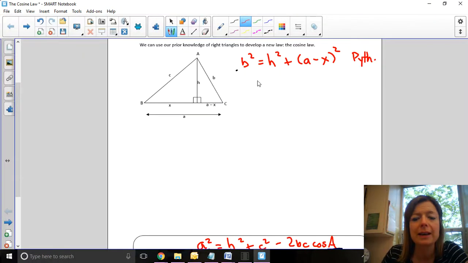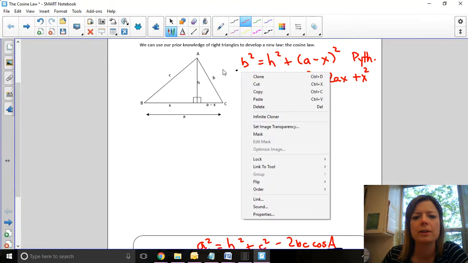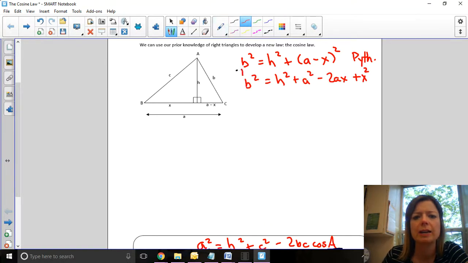If we expand this and collect like terms, what you'll get is that B squared equals h squared plus a squared minus 2ax plus x squared. That's what happens when you expand this. I'm going to put a big box around that and call it equation number 1.